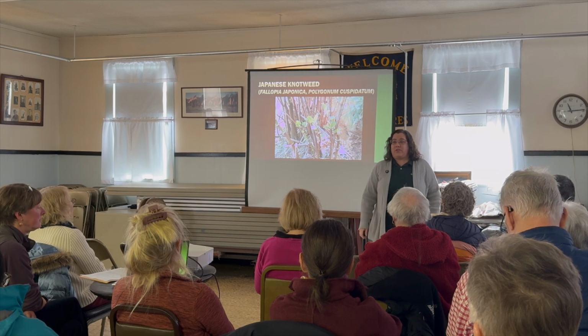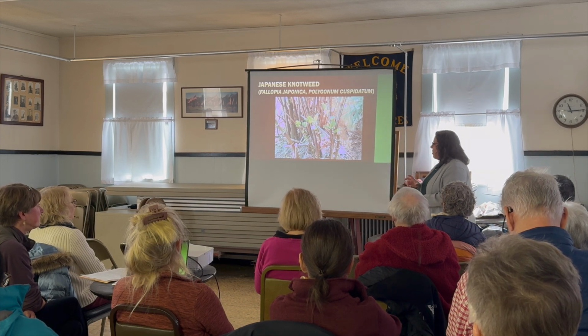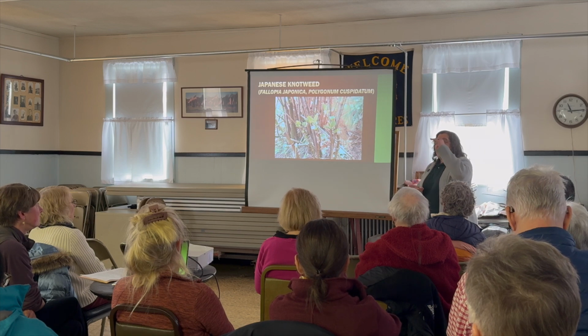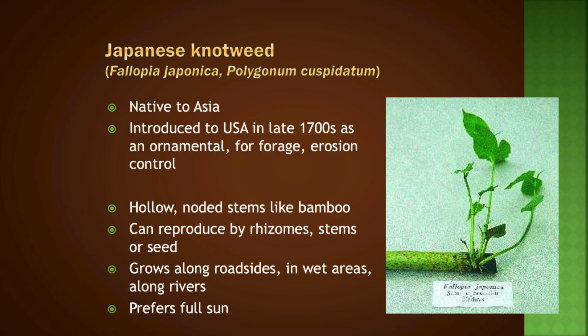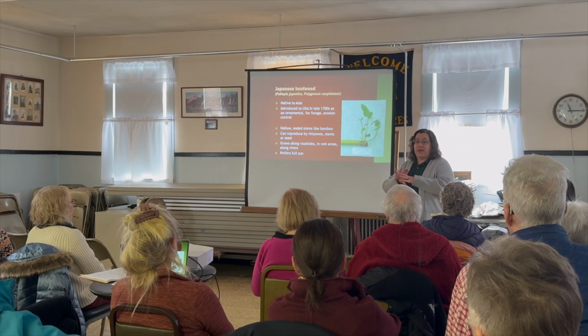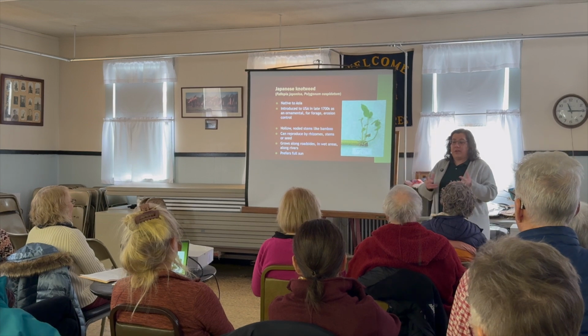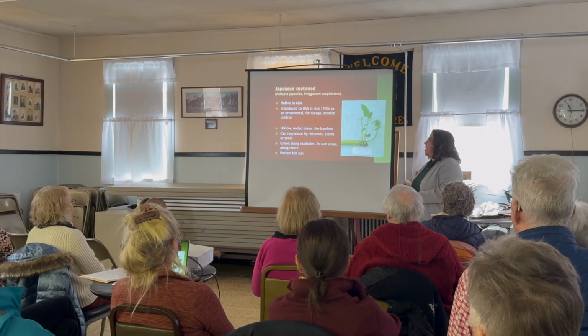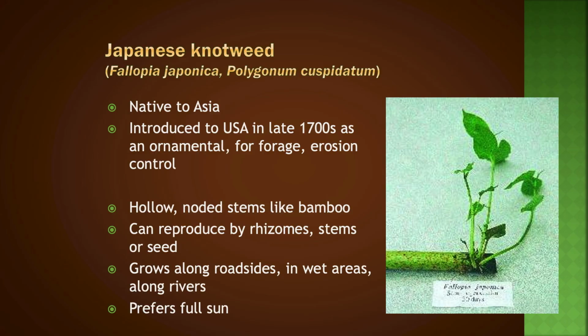And when that starts to grow in like May or so, several inches a day will start to project from the ground. So Japanese knotweed was introduced to the US in the late 1700s, where it was being touted as a beautiful ornamental plant and also something really good to hold the soil, so erosion control if there was an area that had nothing planted on it and the soil was starting to crumble or wash away, and also for animal forage.